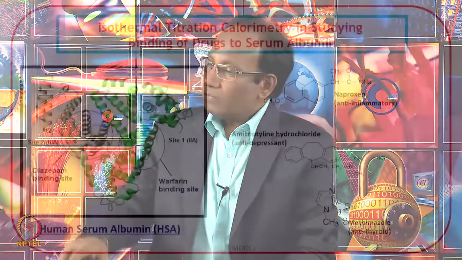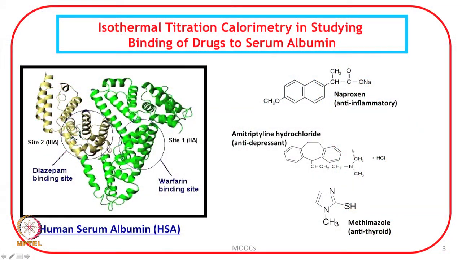However, let us now come back to this slide. All these three drugs, naproxen sodium salt, amitriptyline hydrochloride and methimazole, had sufficient solubility in buffer to permit isothermal titration calorimetric experiments accurately.